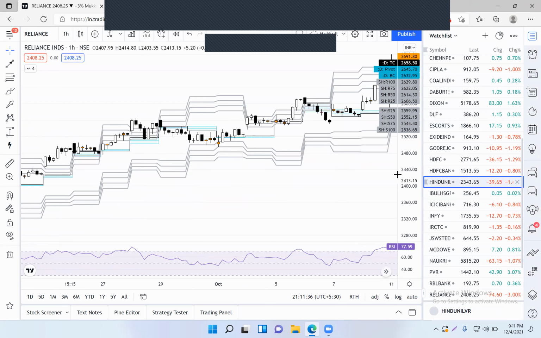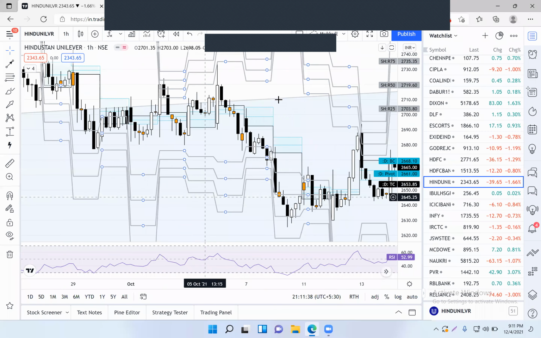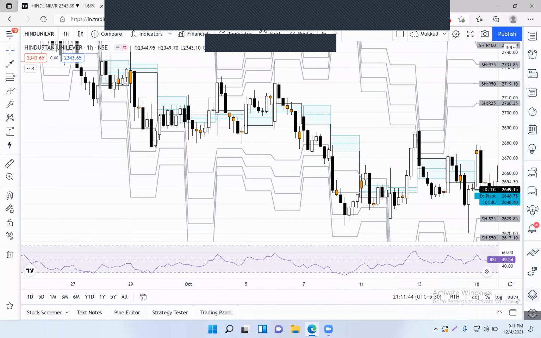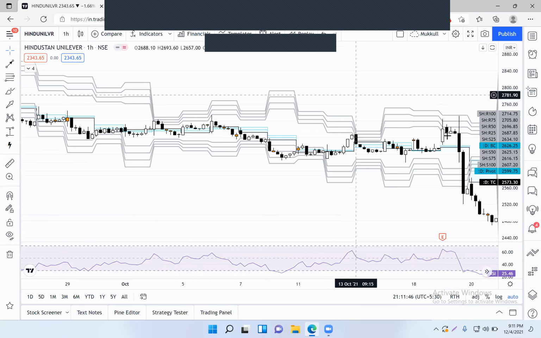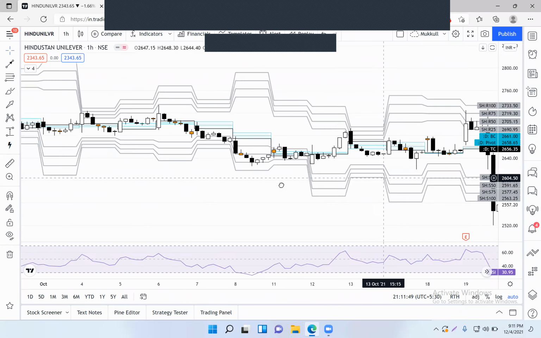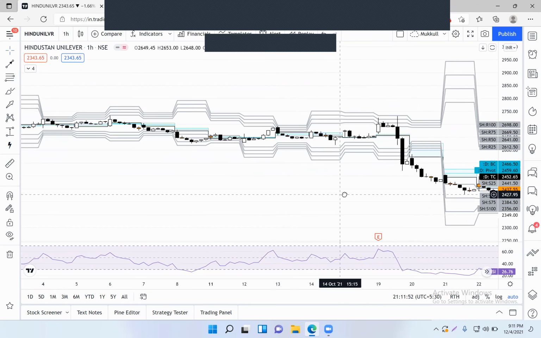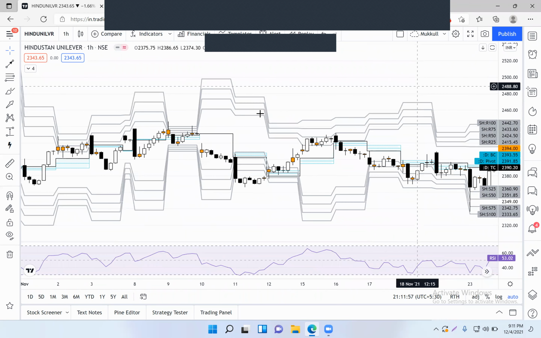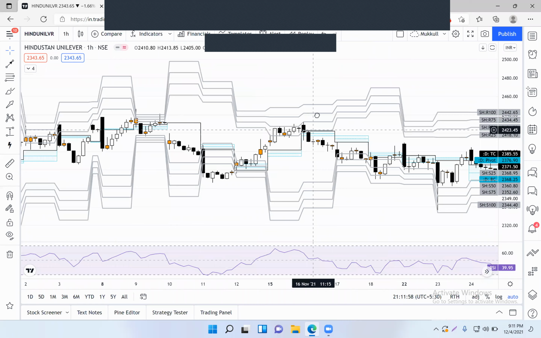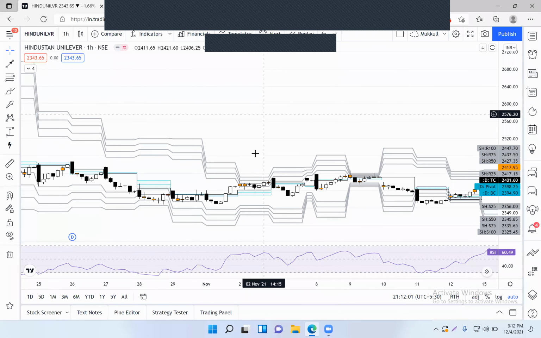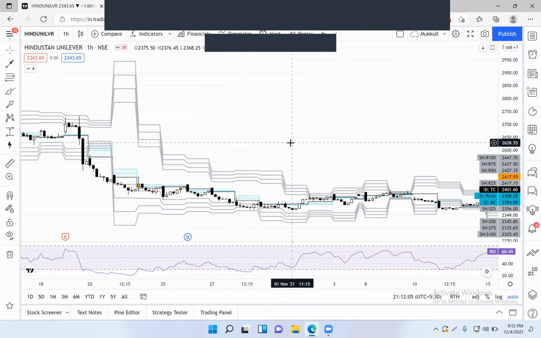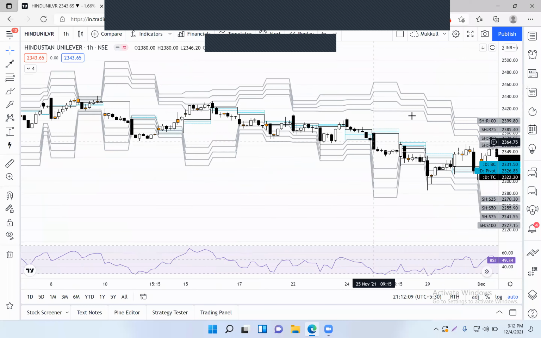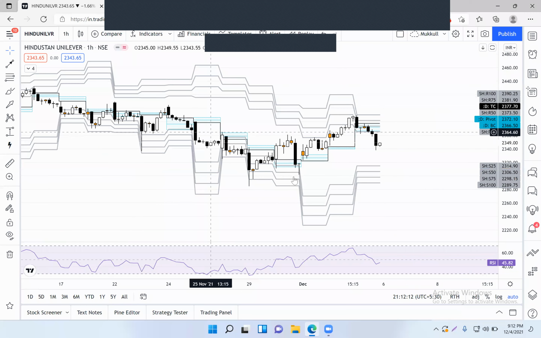Let's say HUL. Okay, so right now I cannot spot anything here, but we will look according to the screeners and scanners because this is very difficult to spot.